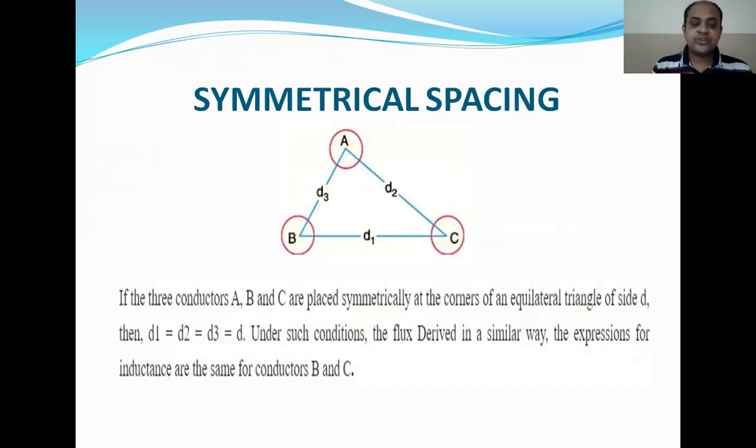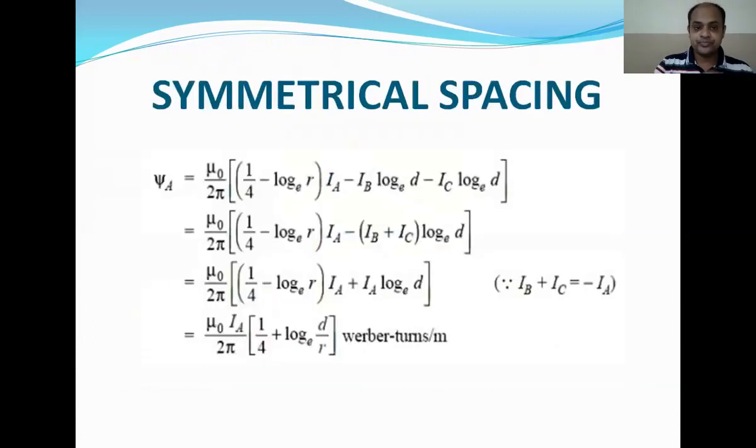So if the three conductors A, B and C are placed symmetrically at the corners of an equilateral triangle of side D, then d1 equals d2 equals d3 equals d. Under such conditions, the flux is derived in a similar way. The expression for inductance is the same for conductors B and C.